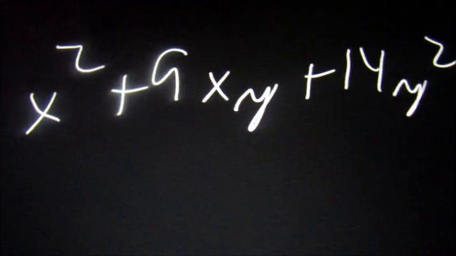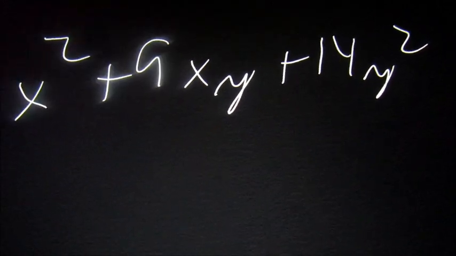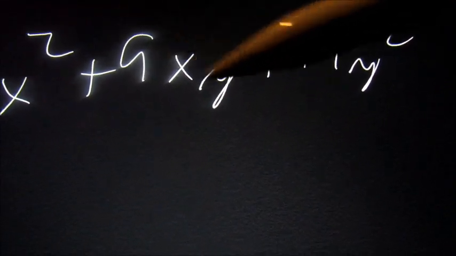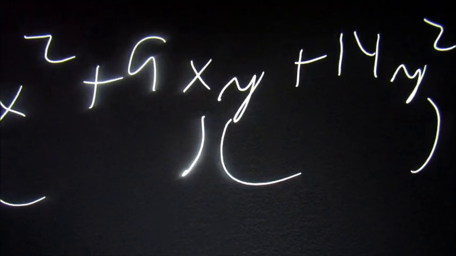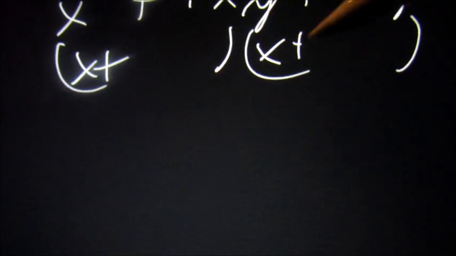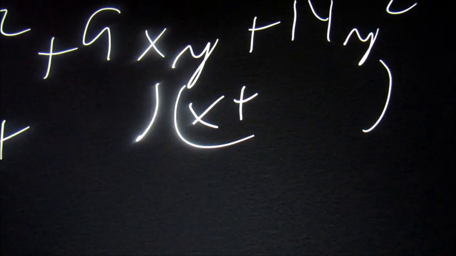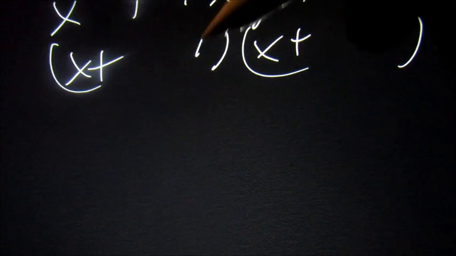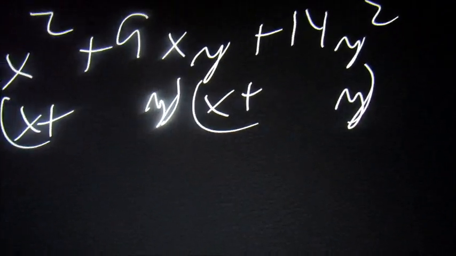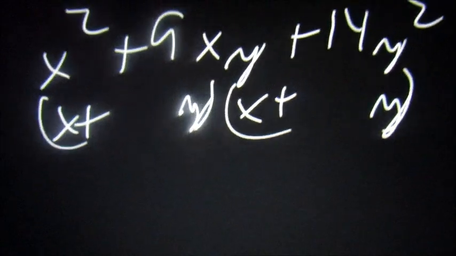Okay, so let's say that we have x squared plus 9xy plus 14y squared. So now we have x squared and y squared here, and this is xy. So first off, notice I have 2 pluses, so this is going to be x plus and x plus. And because we have a y squared here, we're also going to have a y at the end of each of our binomials.